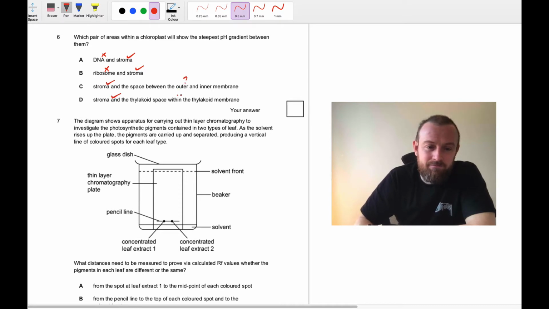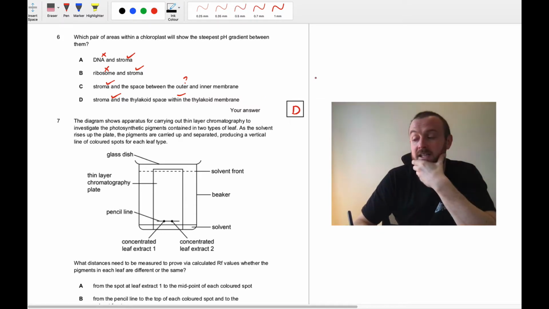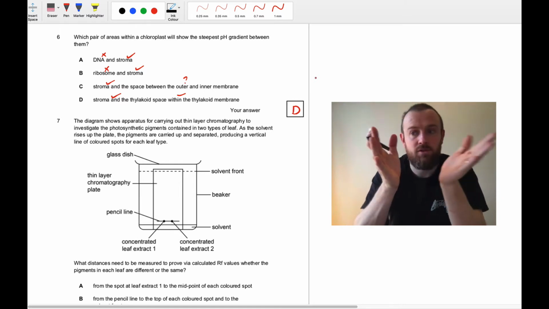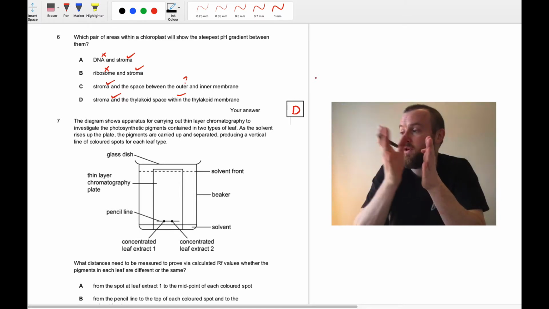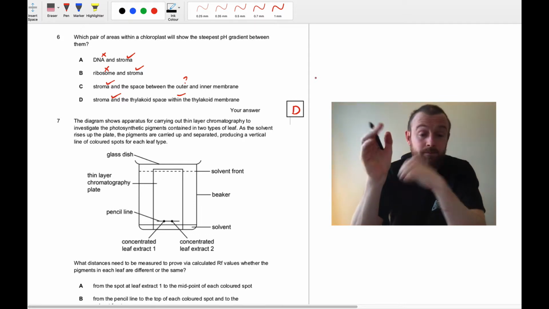This is the one. Yeah, D. Stroma and the thylakoid space within the thylakoid membrane. I forget exactly, it's not in your syllabus what the gradient is. I think it's 3 full pH units, which is a lot. If you do chemistry, you'll know that is not 10 times, not 100 times, but 1,000 times gradient between the two.